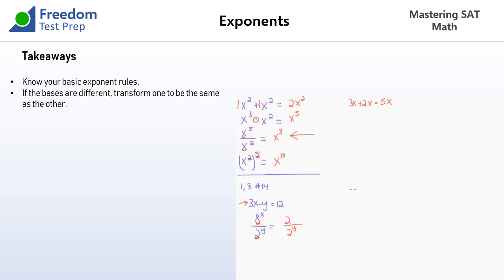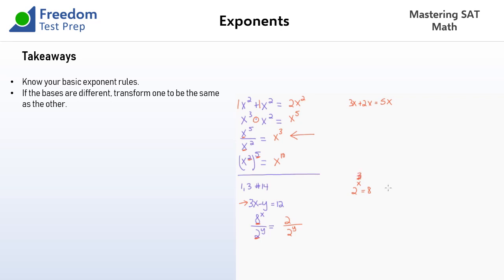I'm going to just write it over here to the side. 2 to the, let's say, x is 8. You can just plug numbers in. You might just know this. You might just know, hey, it's 3, and that's fine. But if you don't know that, you can say, well, it's not 2 to the 1, because 2 one time is just 2. 2 squared, I think we know that's 2 times 2, that's 4.